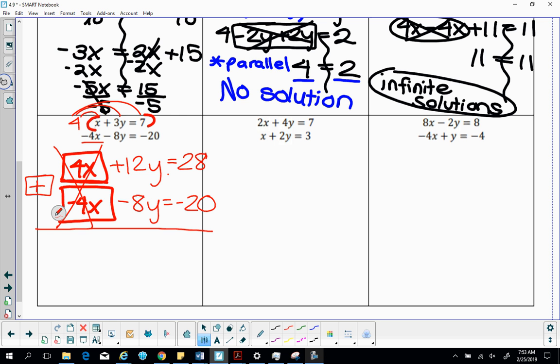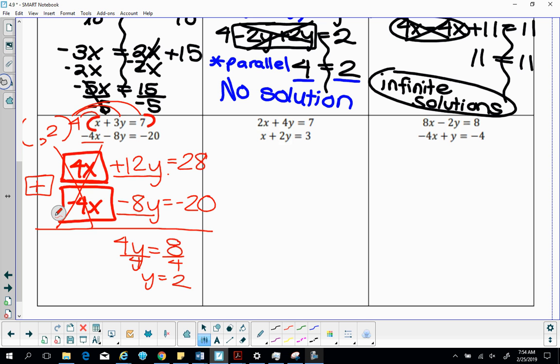That's the point of doing this, so that we can eliminate something. So 4 minus 4 equals 0. It eliminates. What's 12 plus negative 8? 4. Good. 4y. And then 28 plus negative 20? 8. Then how do you get y by itself? Divide, and you get y equals 2. So I know my y coordinate where they cross is going to be 2.